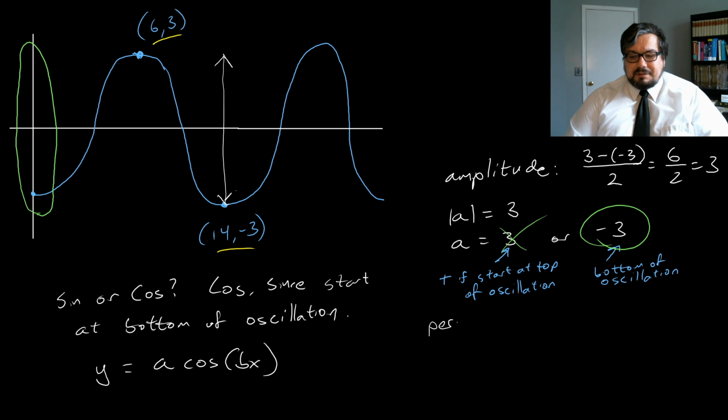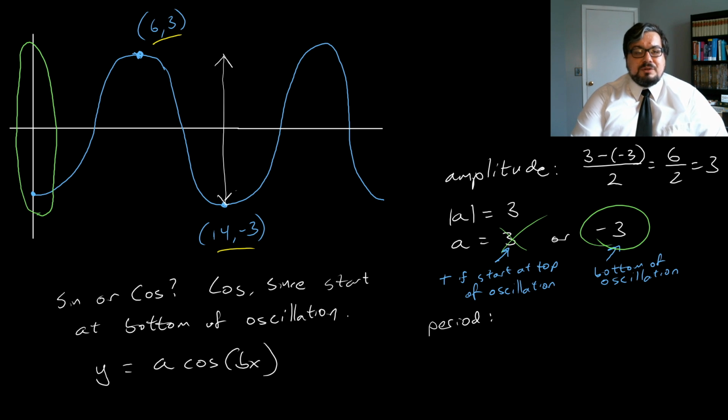Now what about the period? In this case, we're only given 2 points here. We're given a peak and a trough, and so we aren't given 2 points that exactly match up on 2 parts of 2 periods which are exactly the same.